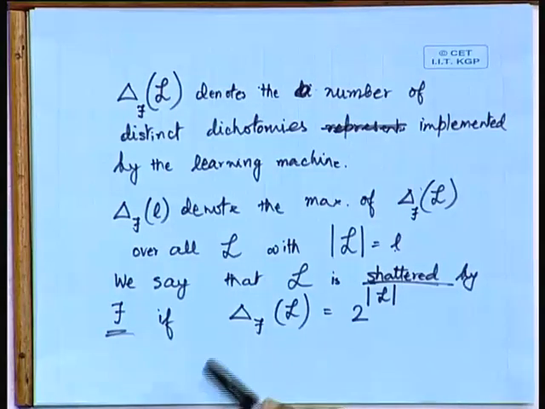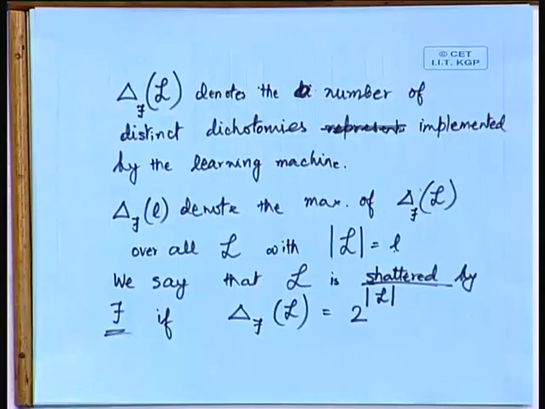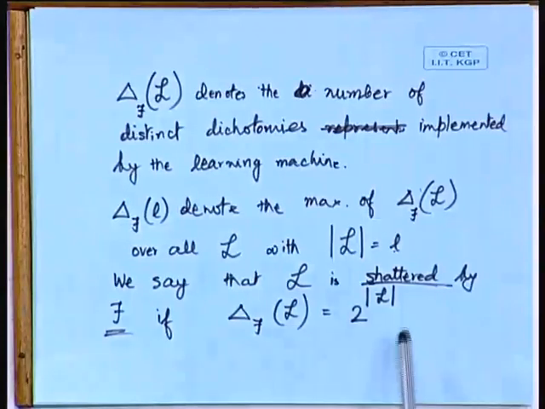Let us only think that there are a number of rules that you can put into the system, and if your set of rules actually spans all the different possibilities, if the distinct dichotomies that you are having is equal to 2 to the power L, where L is the cardinality, then that space is shattered, and we will give several shattering examples, and that will be more clear in the coming class.